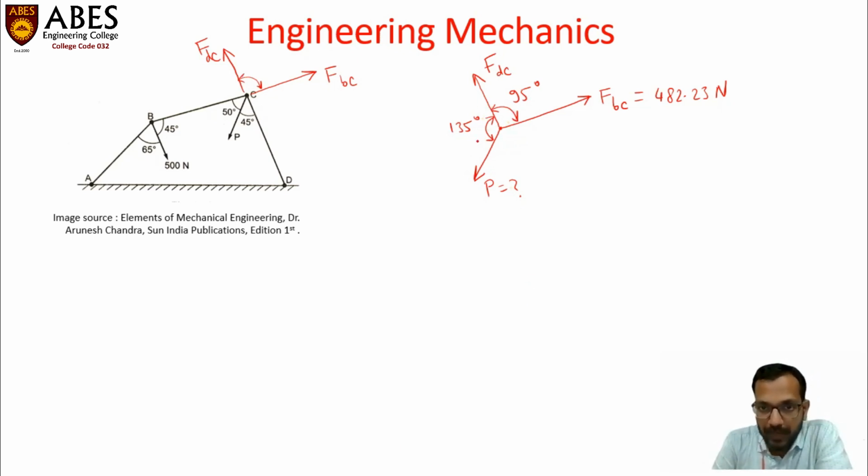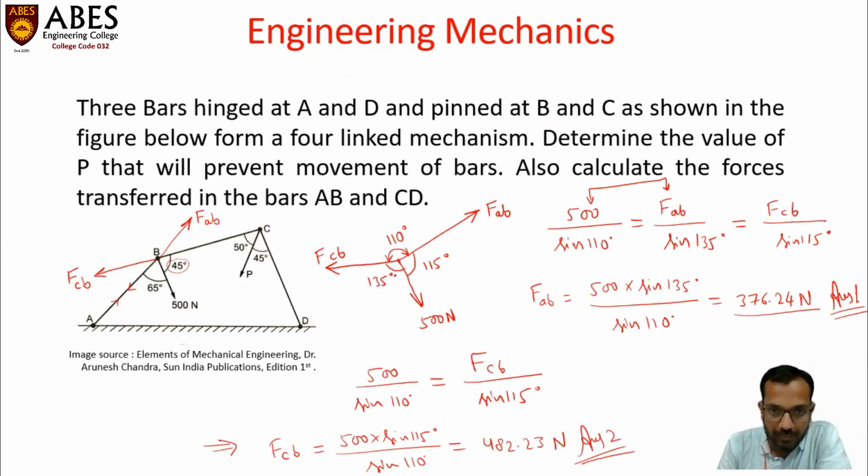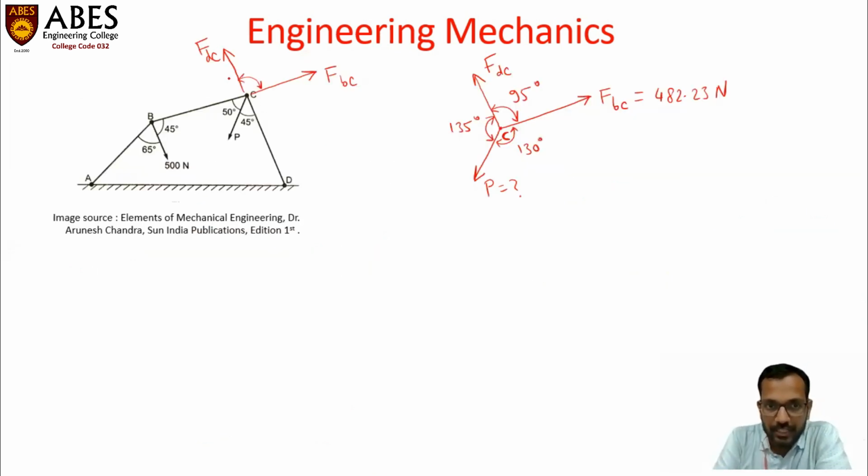Now, the complete angle around a point is 360 degrees. We already know this. Therefore, the remaining angle can be calculated by 360 degrees minus 135 minus 95. So it is coming to be 130 degrees. So these are the intermediate angles at this junction C. Previously, that was the junction B. And now we are considering the second junction C.